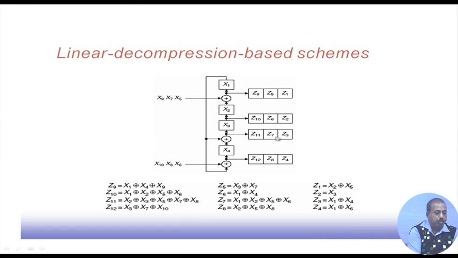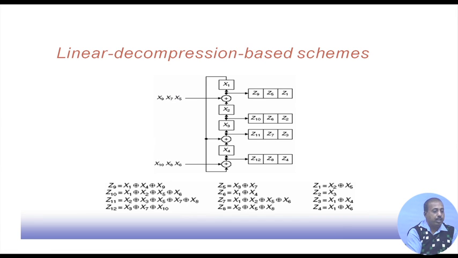Z3 is x1 XOR x4, because Z3 is getting x1 from here and x4 from here. These two values are XORed to get Z3. Similarly, Z1 is x2 XORed with x5. These x5, x7, x9 are fed in sequence.